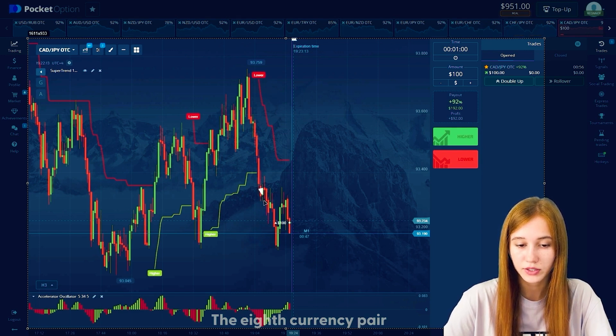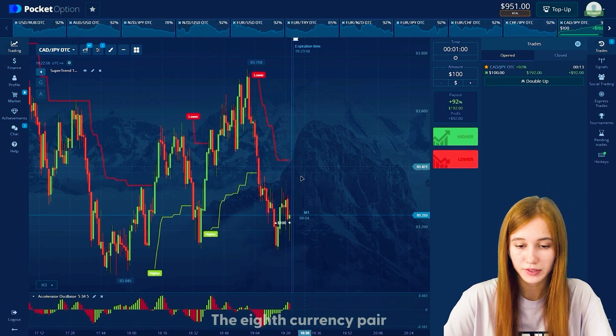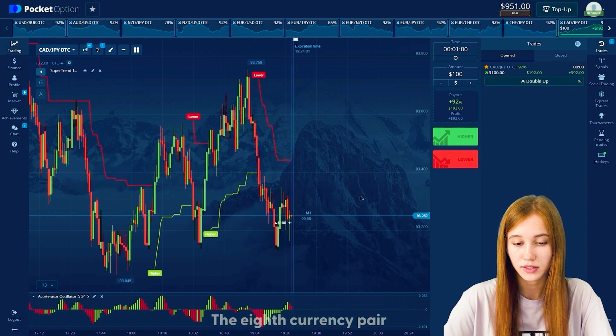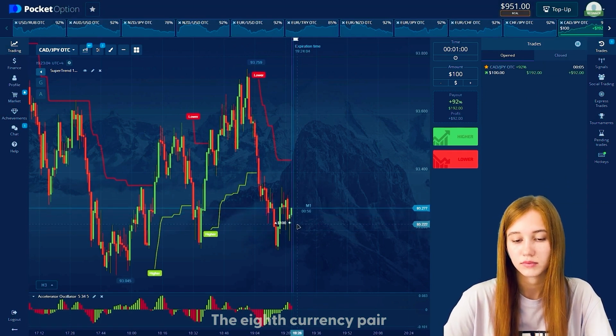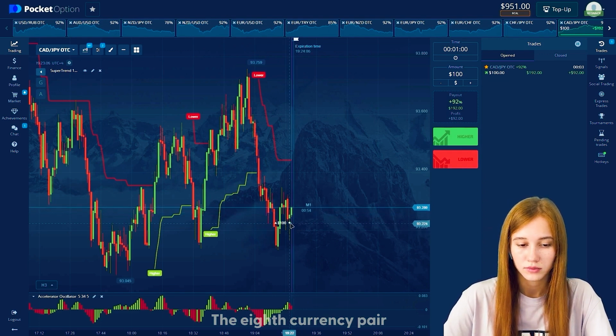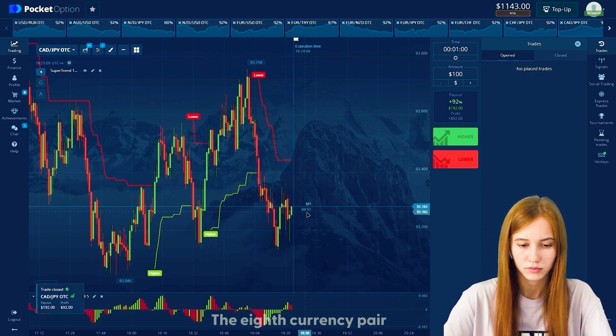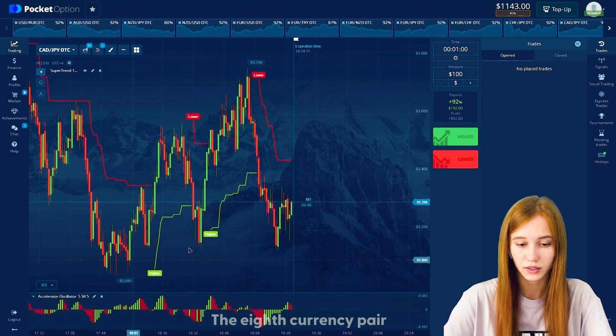So some corrections. And now decreasing. We see some consolidation, and let's see. There are 8 seconds until the end of the deal. Yeah, plus deal, good. We're in the black.